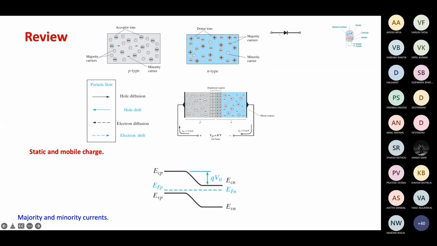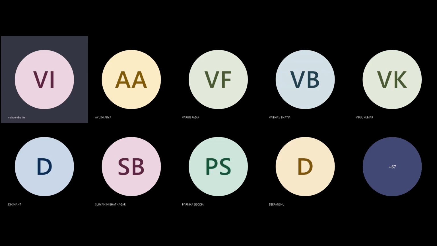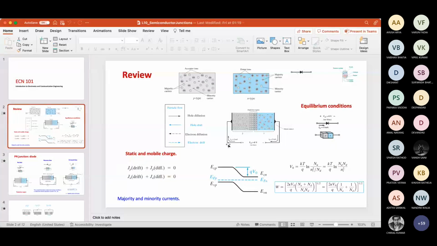So this device will create new contacts here on the sides. And these new contacts will have new contact potentials, and essentially the net potential drop will be zero across the entire connection. Does this argument make any sense?